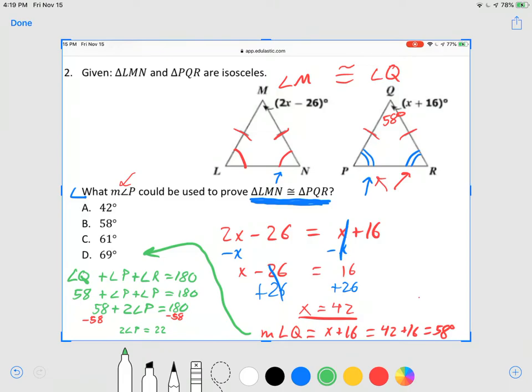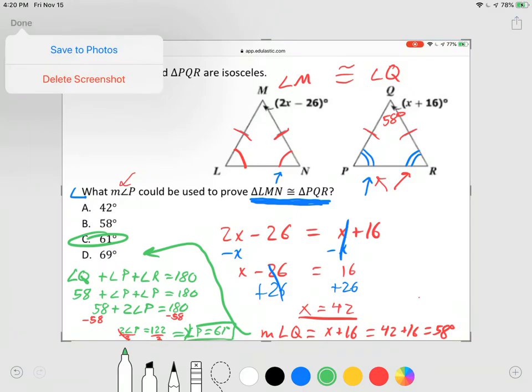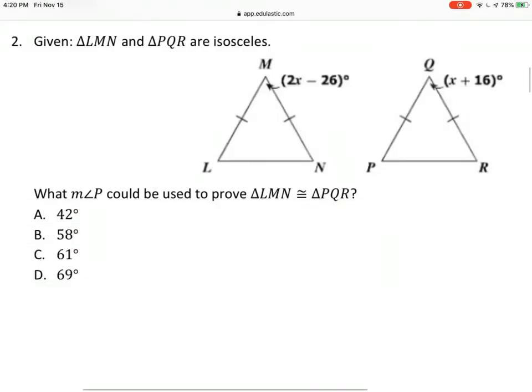Oh, my bad. 122. Okay, and then divide by 2. This cancels out. Divide this by 2, and we get P, measure of angle P equals 61 degrees. So this is 61. Okay. Delete. Let's go to the next question.